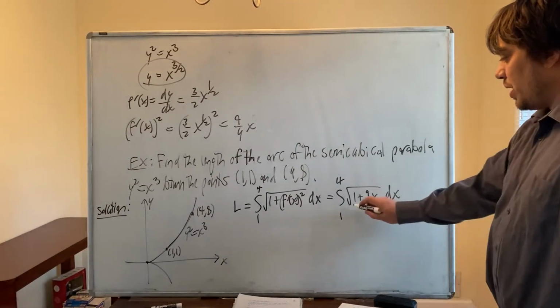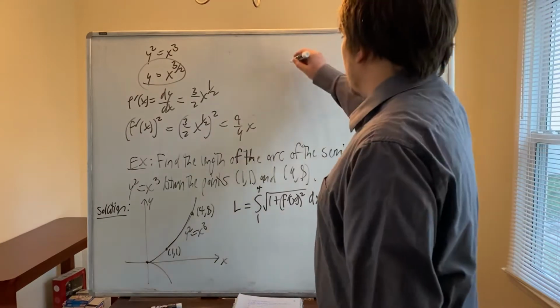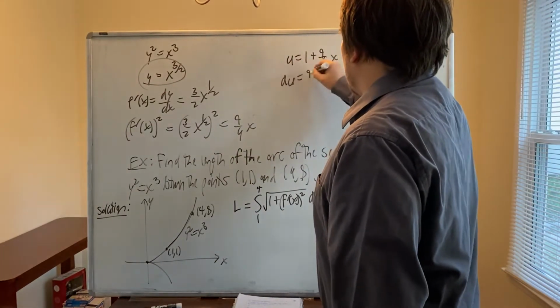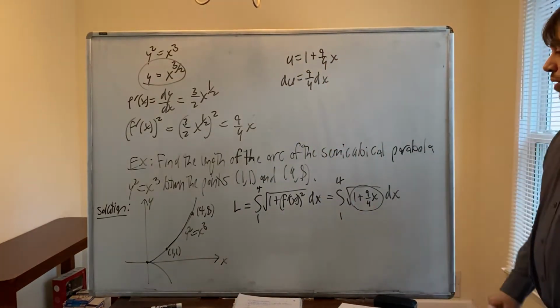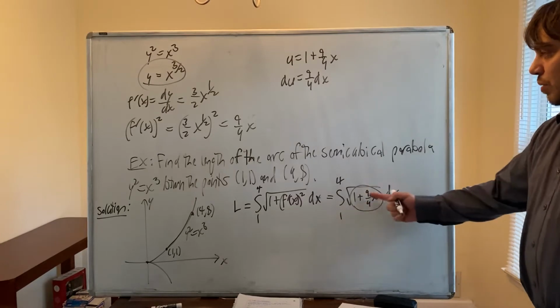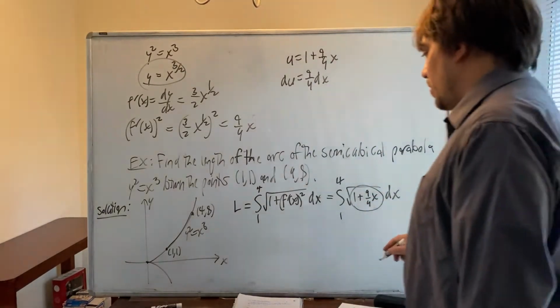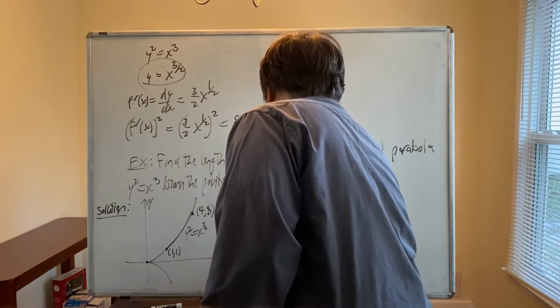Okay, so let u be 1 plus 9/4 x. So we're going to use u substitution here. So u is going to be 1 plus 9/4 x. du is equal to 9/4 dx. Okay, so to use u substitution, I can plug in what's in the square root for u right there. But what I'm missing is a 9/4 here. So to fix that, I'm going to put a 9/4 where it needs to be.